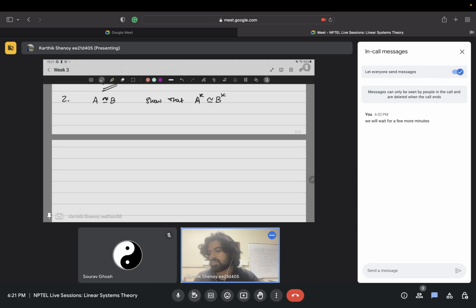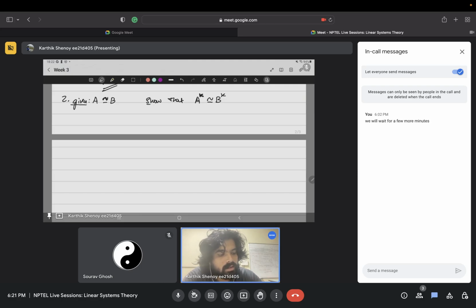So how do you do that? Maybe we can do the question together. This is given: show that A raised to K, where K is any positive number, is similar to B raised to K. So how do I start? Any idea?